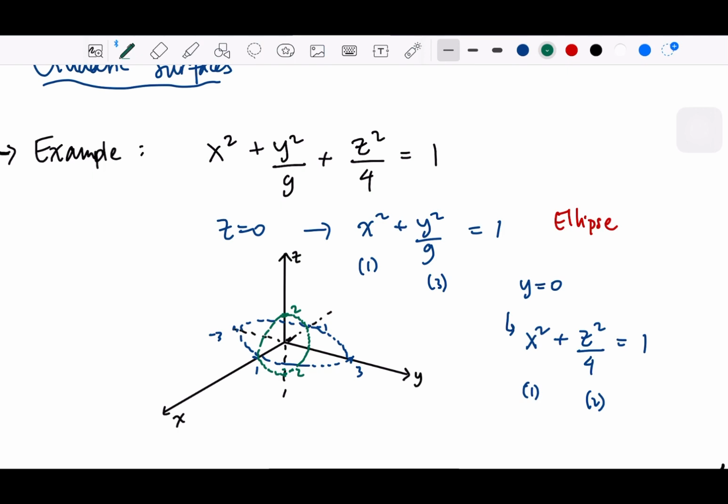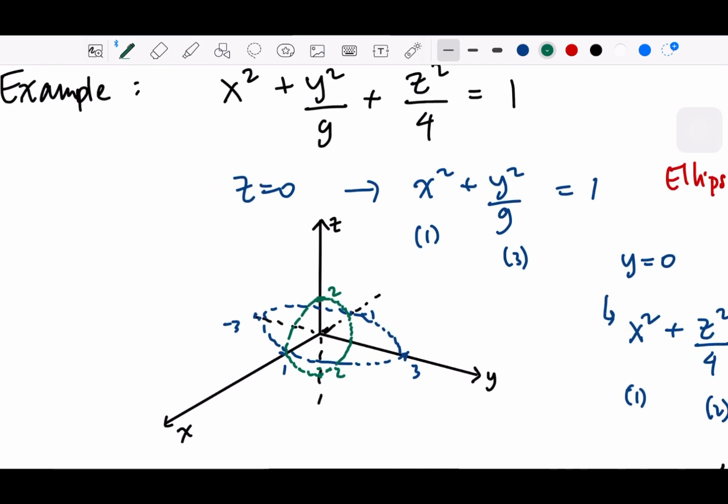And it will be limited from here, and when we trace all the possible lines, we are getting this shape. Like a rugby ball, an American football, right? We call this an ellipsoid.